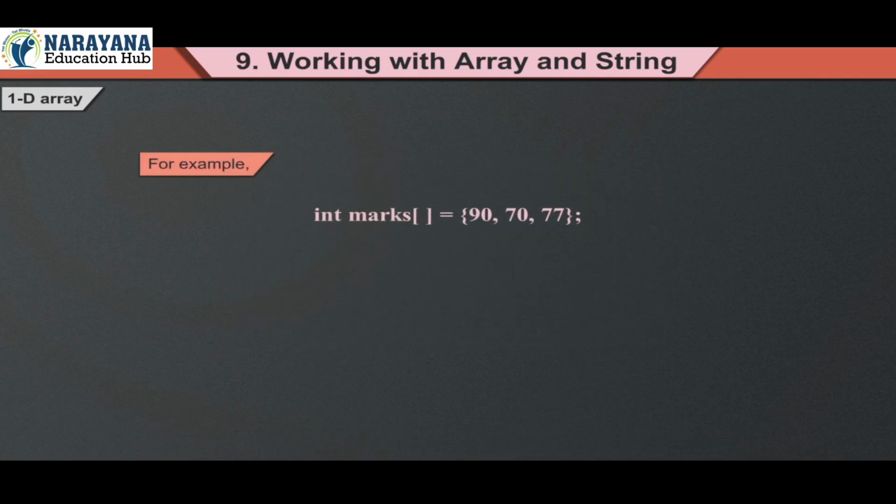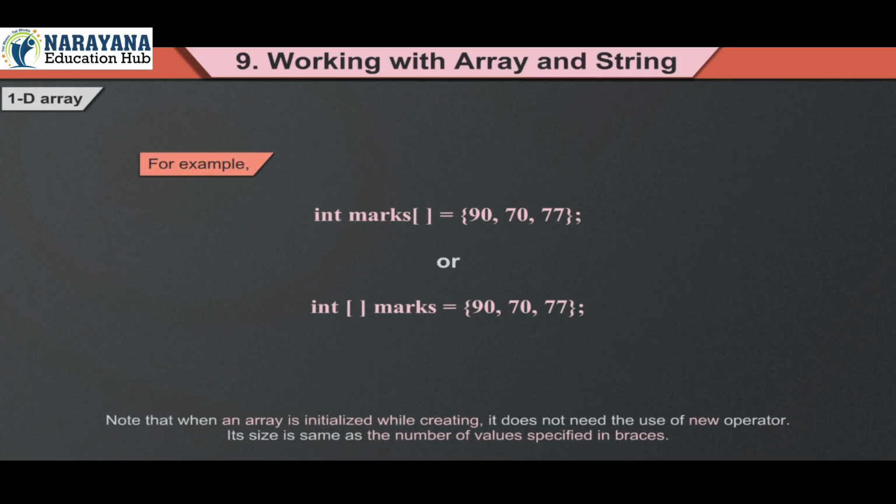For example, int marks[] = {90, 70, 77}; or int[] marks = {90, 70, 77}; Note that when an array is initialized, it does not need the use of the new operator. Its size is the same as the number of values specified in braces.